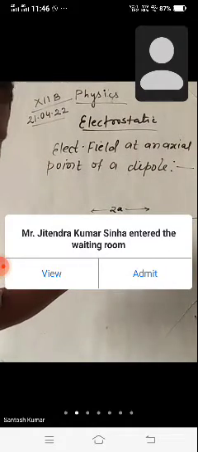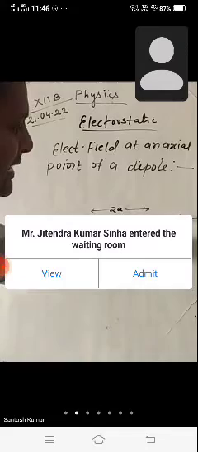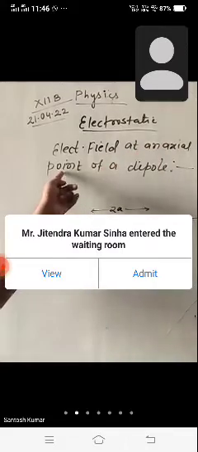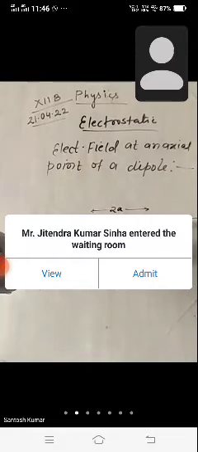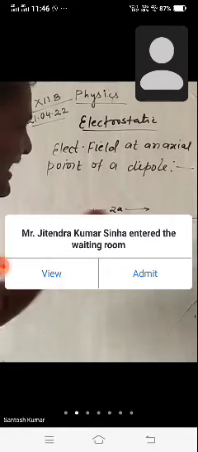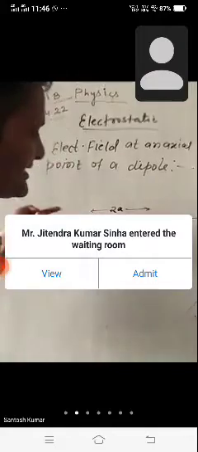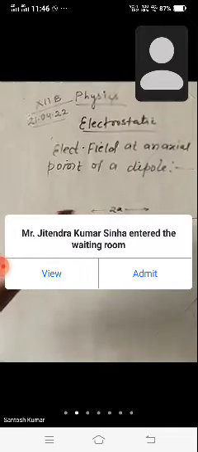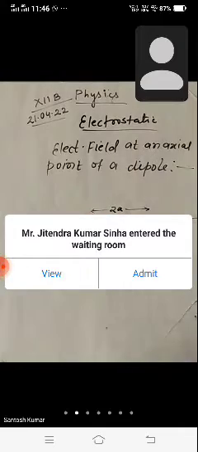This is the point P which is an axial point. Point P is an axial point. Why? This point is lying on the axis along the line that joins these two charges. So this P is an axial point.